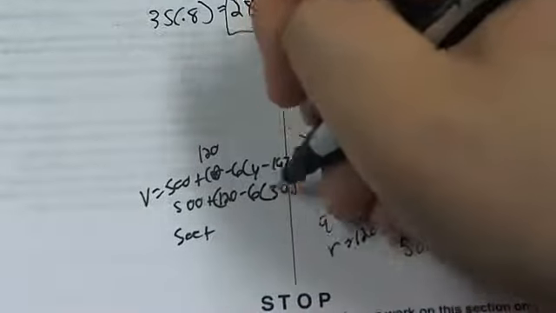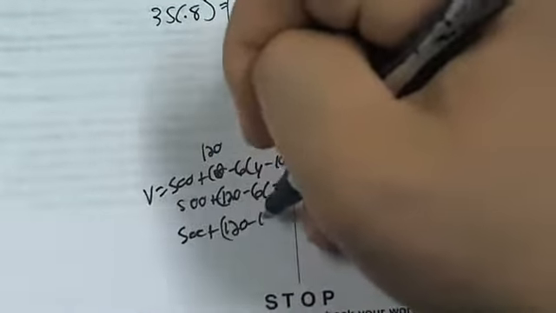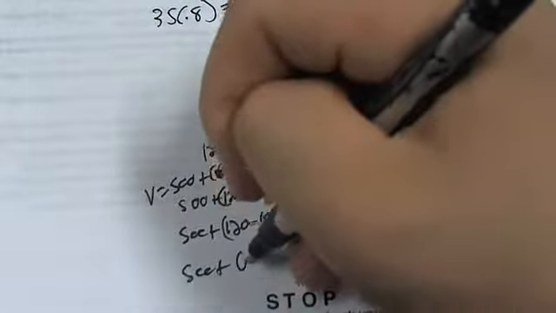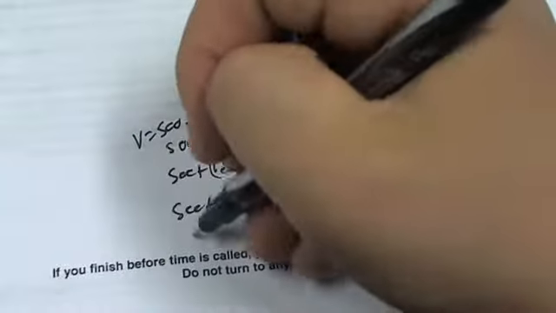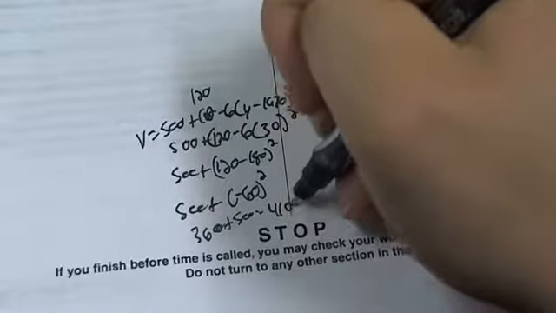So 6 times 30 will be 180, so it's 500 plus negative 60 squared. 60 squared is 3600 plus 500 equals 4100.